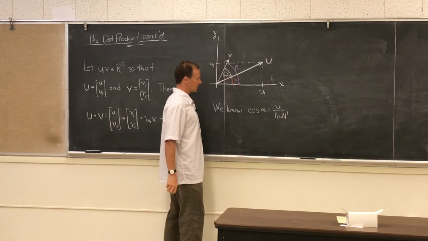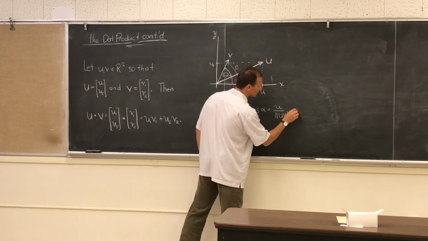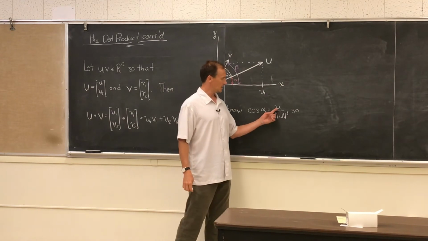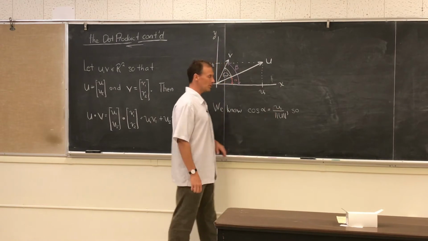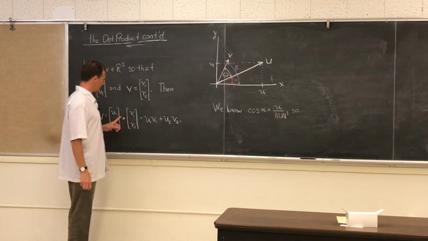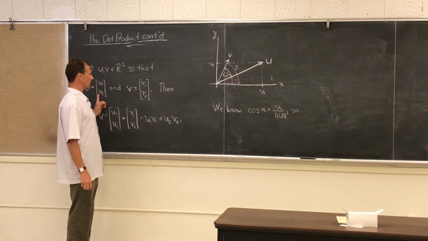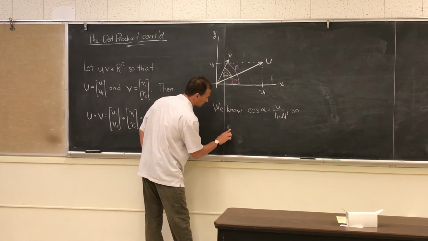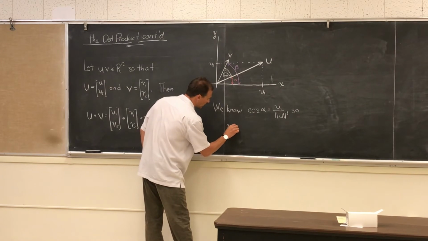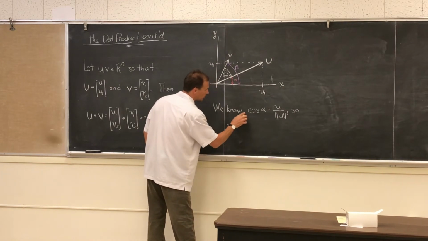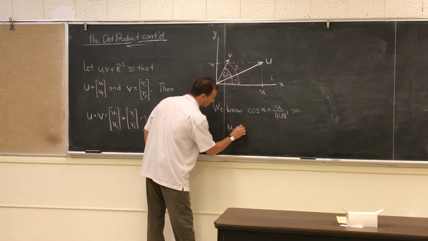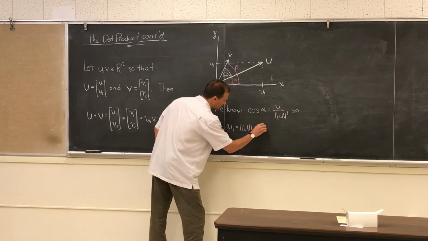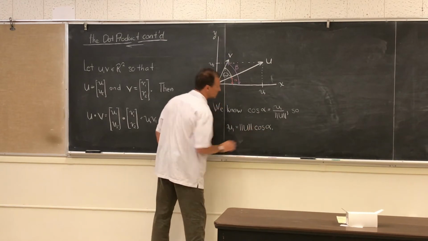We need to solve for U1, because what we want to do is better describe our vector U and our vector V. So we can write this as U1 is equal to, multiplying both sides by the length of U, the length of the vector U times the cosine of alpha.